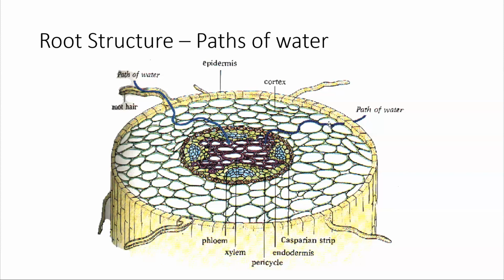And here we see the apoplastic movement of water between the cortex cells. And here we see an example of the symplastic passage of water through cells, okay, through cells to the endodermis, through the Casparian strip. And he mentioned suberin. Okay, the Casparian strip is a layer of suberin, a waxy material.